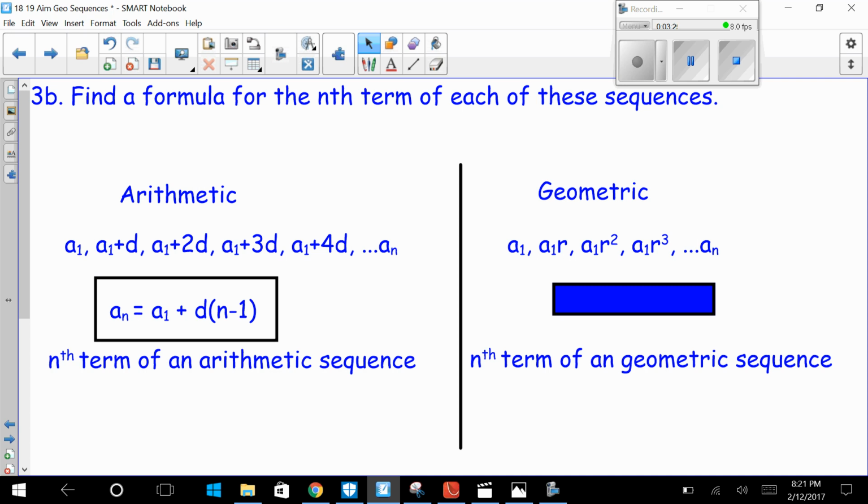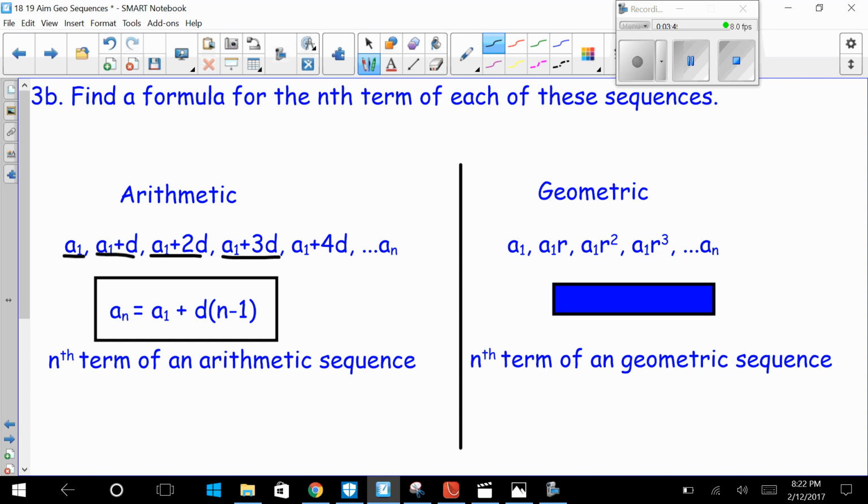If you remember the way we came up with this formula, in the arithmetic sequence, you keep adding the same number over and over again, called the common difference, d. So you start with a sub 1, you add d to it, it becomes this. Now you add d to the second term, and it becomes that, because now you have 2 d's. Then you add d again, it becomes this, and so on.